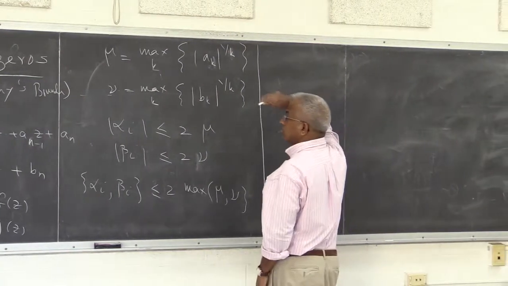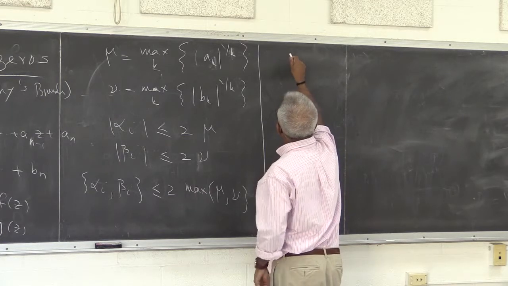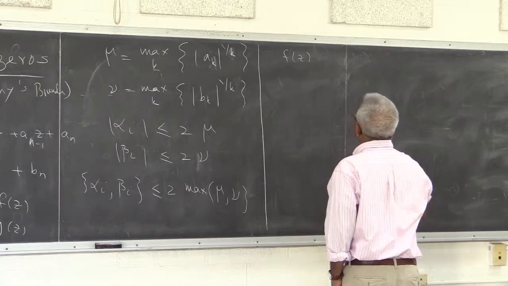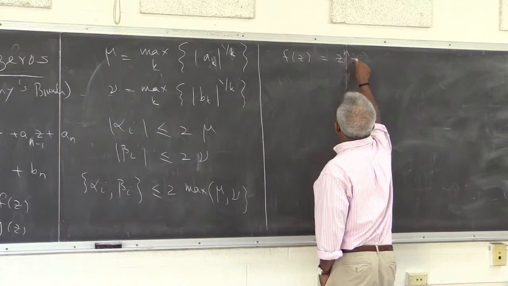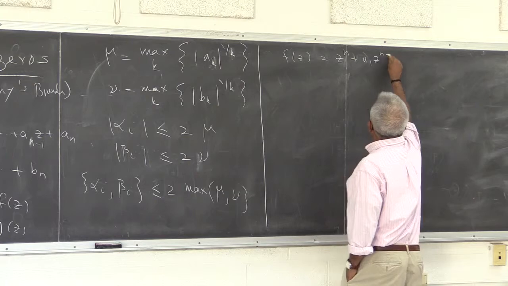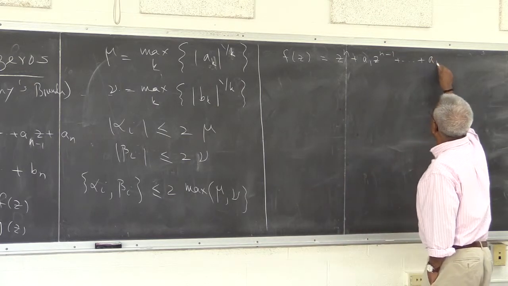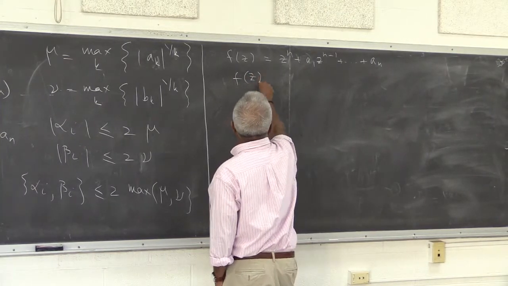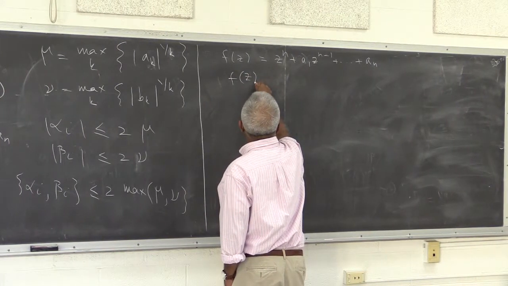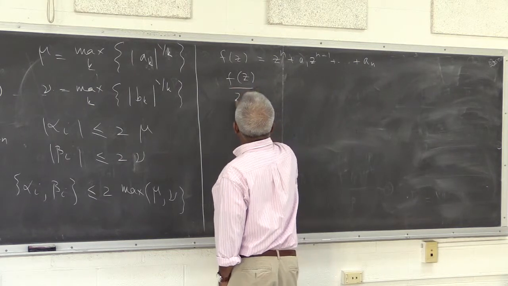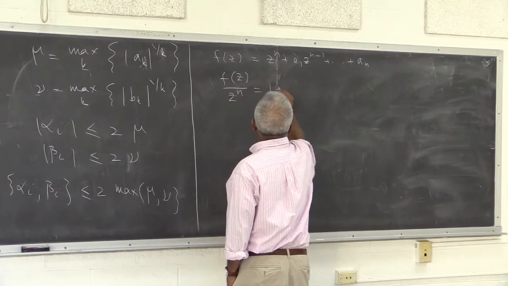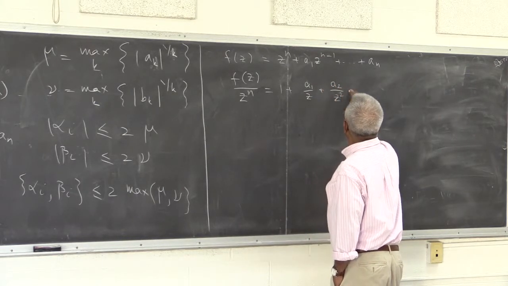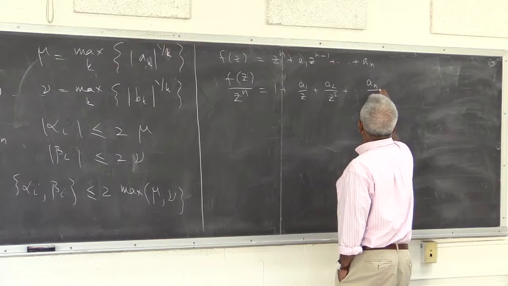So f(z) once again is z^n plus a1 z^(n-1) etc., an. So we can write f(z) over z^n as 1 plus a1 over z plus a2 over z squared plus etc., an over z^n.